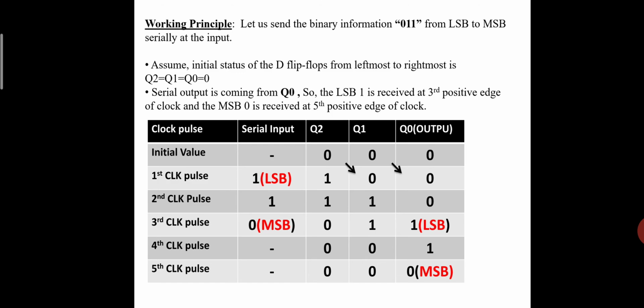The initial state of the D flip flops from leftmost to rightmost is 0, 0, 0. We keep that as the initial value 0, 0 in the flip flops. In the first clock pulse I will put the LSB value, that is a 1, and apply one clock pulse.